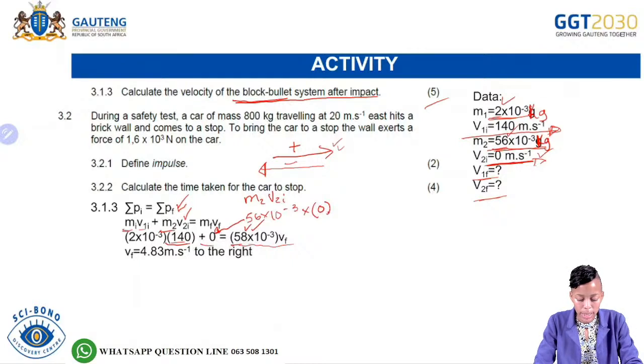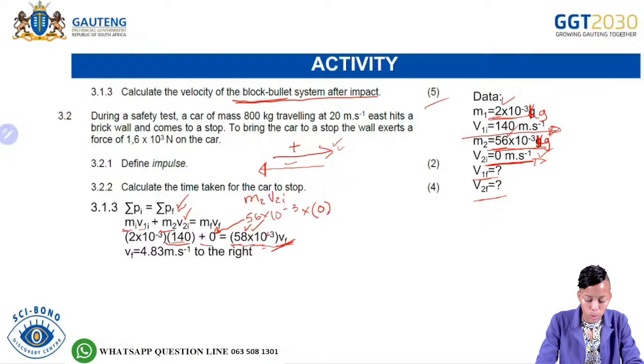58 times 10 to the power of -3 what? Kilograms. Because the two are going to combine after the collision, they would only have one final velocity.